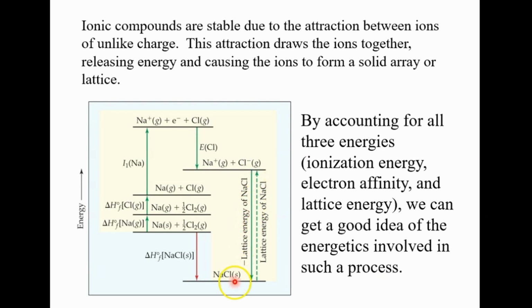And here's this thing that might be kind of hard to measure directly, lattice energy. So here we vaporize sodium metal into sodium gas. Then next we break apart Cl2 and make it into Cl. Then we have the ionization of sodium. Then we have the electron affinity of chlorine to chloride.